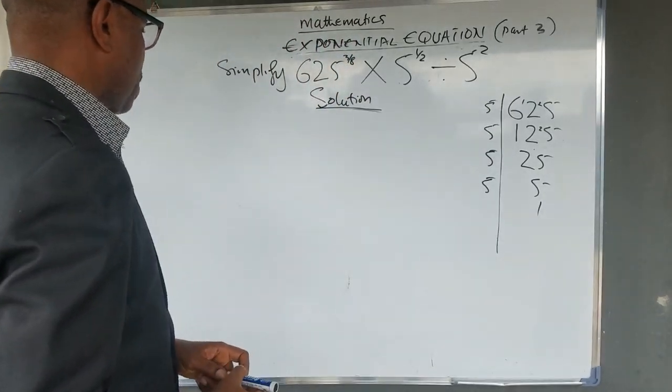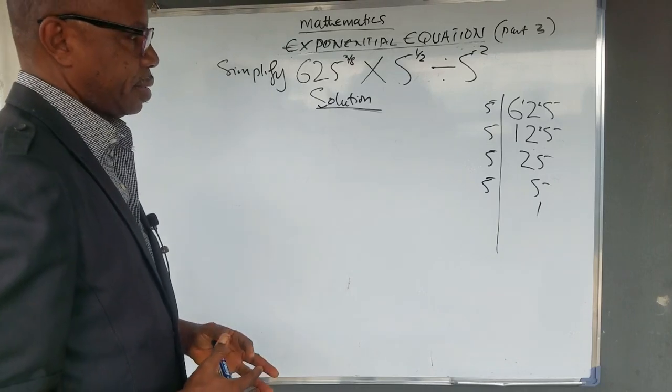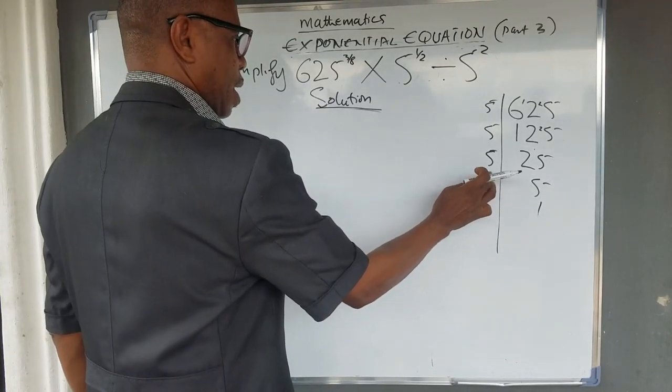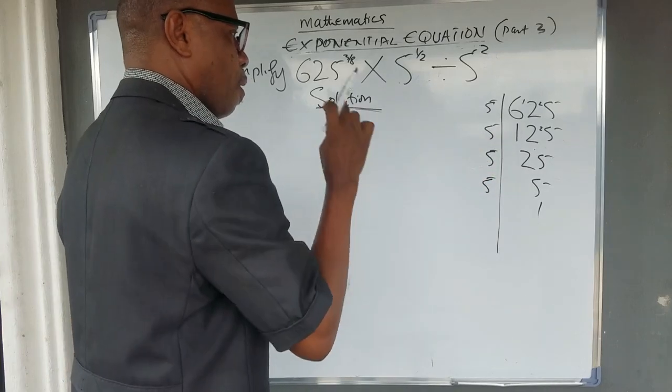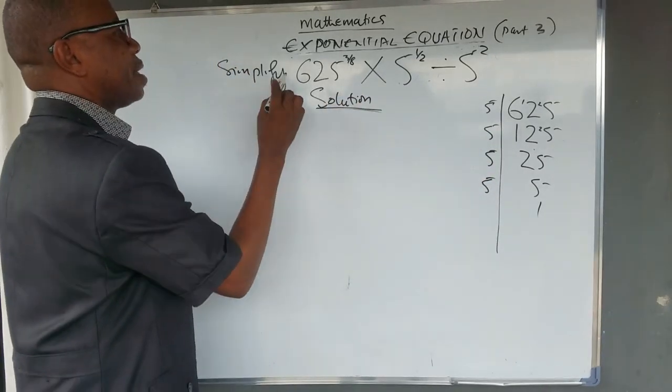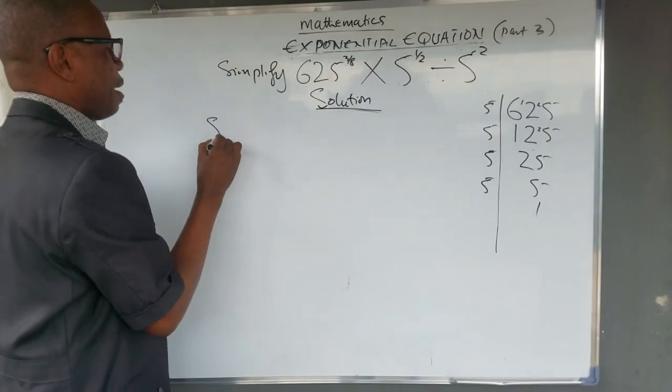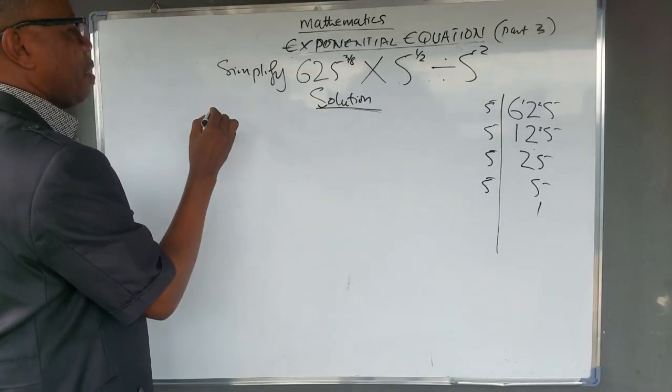Now, from what we have done, you notice that 5 is how many times? 1, 2, 3, 4. 4 5s. That means that 625 is the same thing as 5 raised to the power 4.